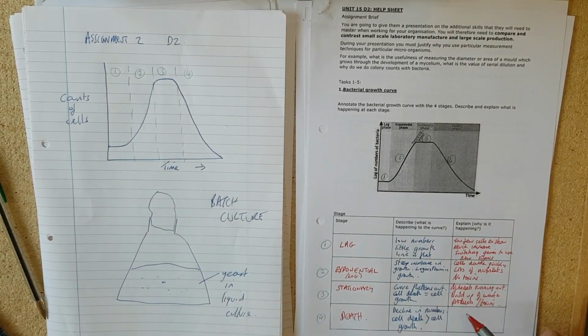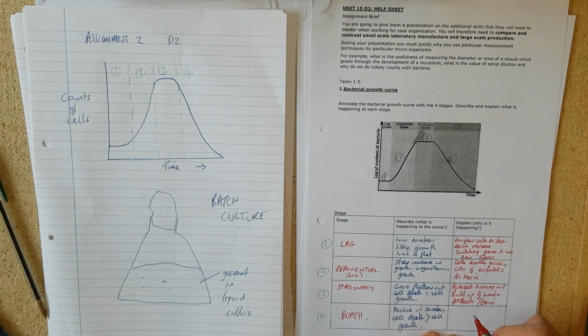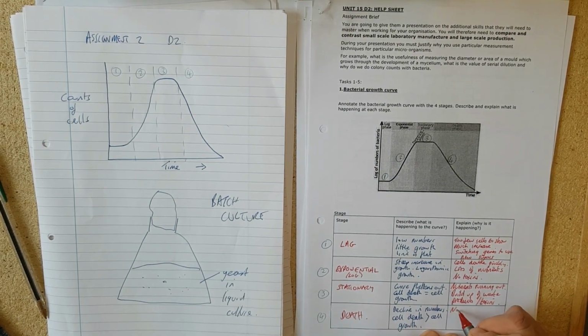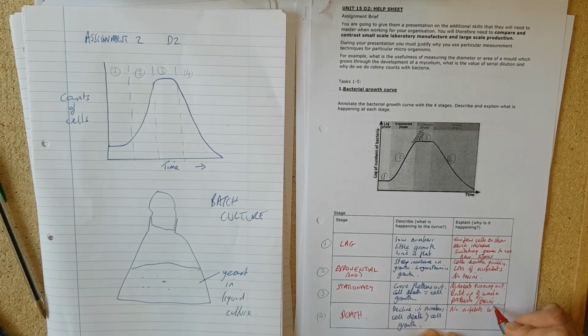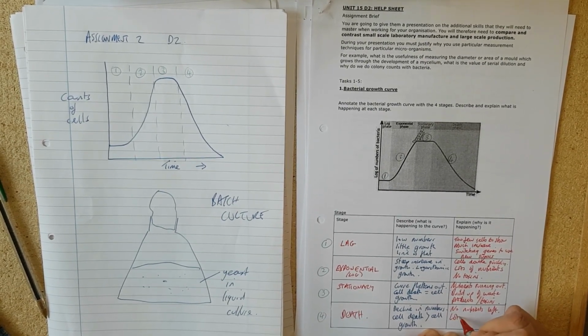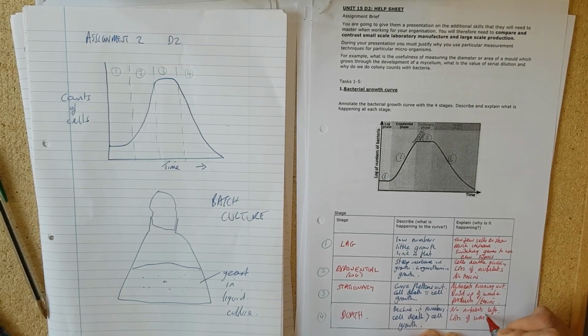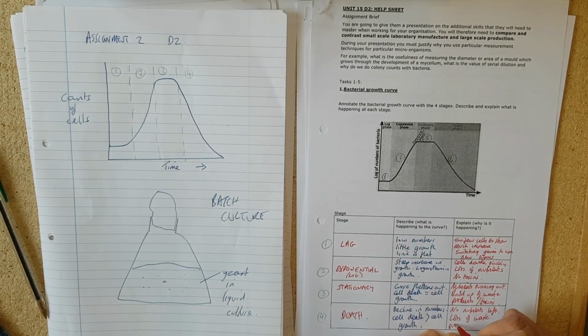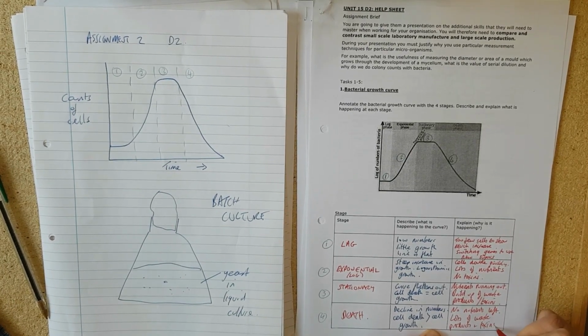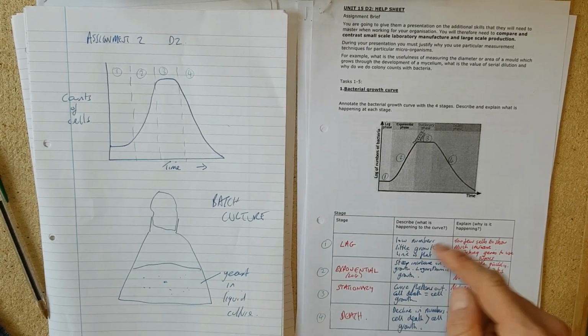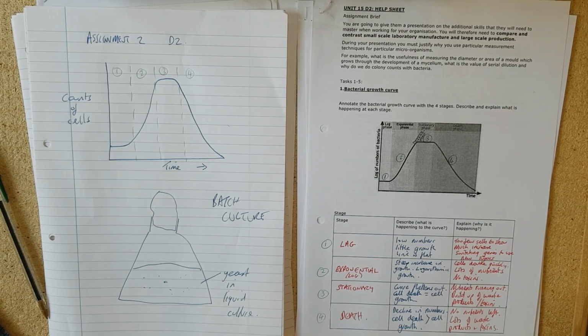And the explanation is just building on the stationary, so it's no nutrients left, lots of waste products and toxins. And that's what happens in batch culture.